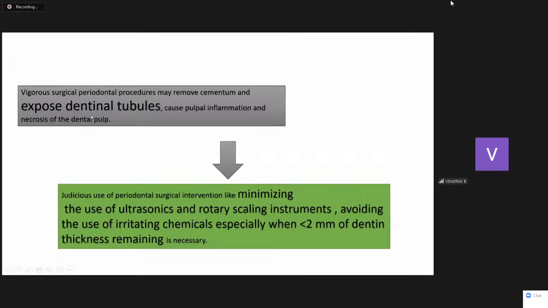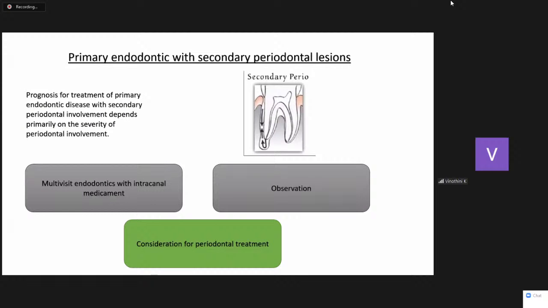While doing the hygiene phase in primary perio, you should be very sure to minimize the use of ultrasonics and rotary scaling instruments, to avoid the irritating effects of the chemicals towards the pulp. This should not be an iatrogenic error which causes any pulpal infection.